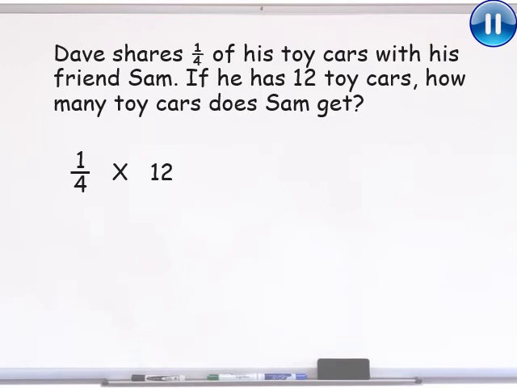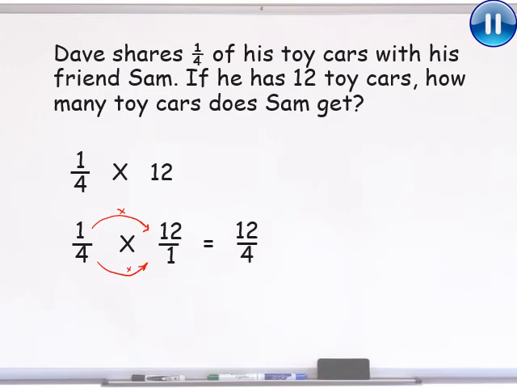Okay, let's have a look. You should have written it as a quarter multiplied by 12 over 1, because we've had to turn 12 into a fraction, haven't we? So then we can multiply those two together. 1 times 12 is 12, and then 4 times 1 is 4.